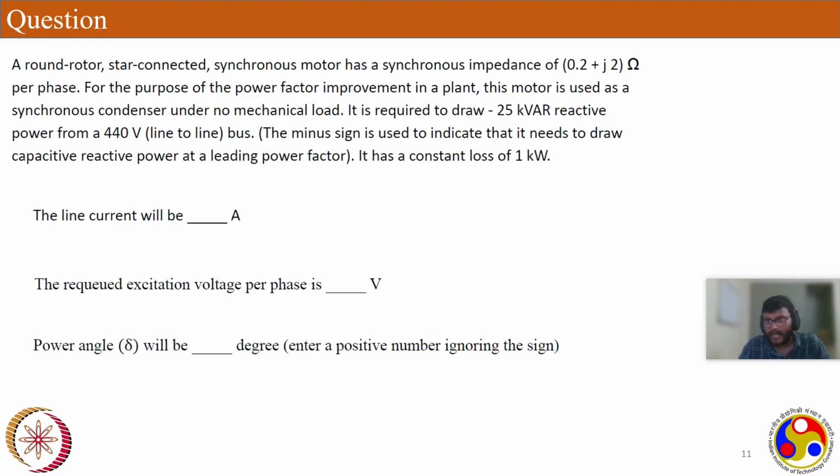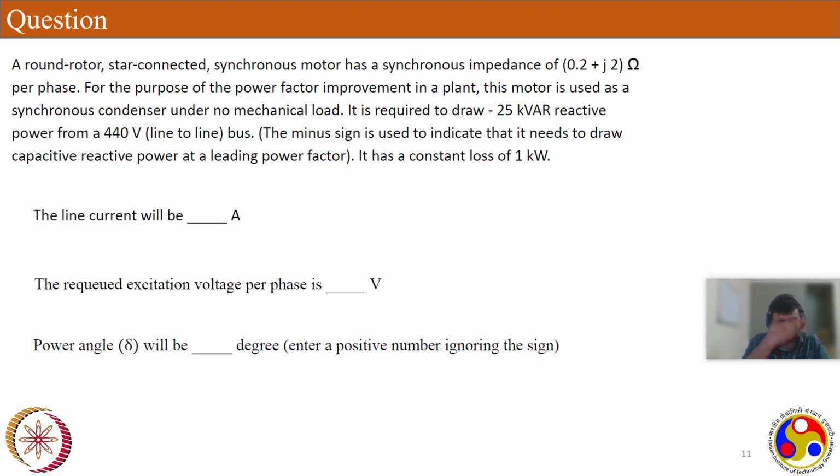So there is no mechanical load for the motor, so it is operating at no load. Whatever losses it has, that is only the real power it will have to deliver.